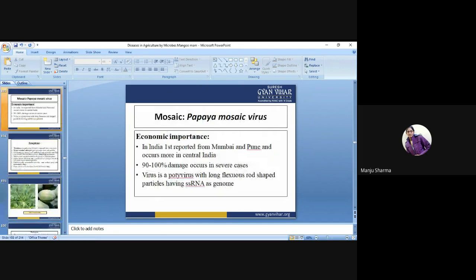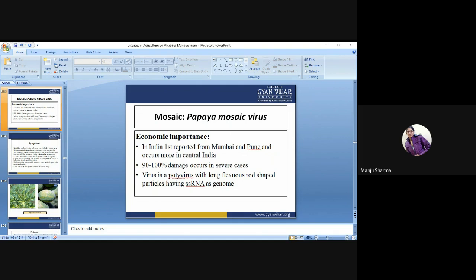Then the mosaic disease of papaya. The causal organism is papaya mosaic virus. In economic importance, in India it was first reported from Mumbai and Pune and occurs more in central India.